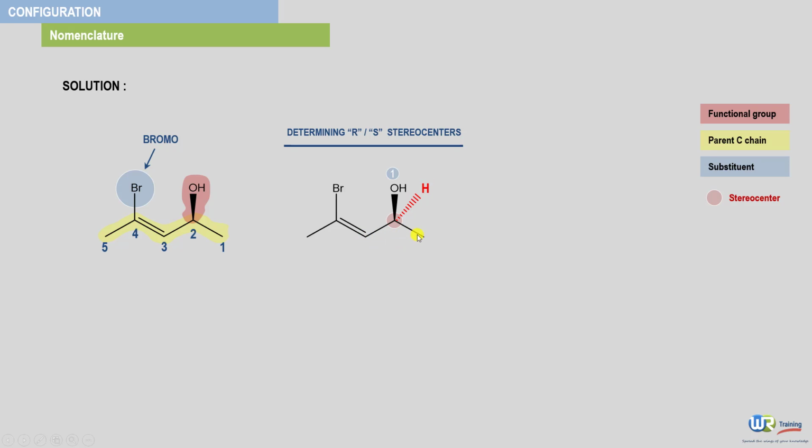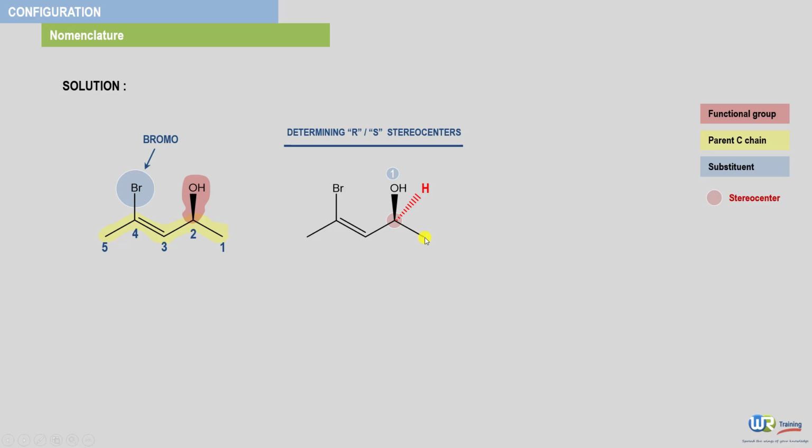And now we have 2 carbons, and we need to assign priority, so we need to go further and look at the atoms connected to these 2 carbons. For this case here, we have 2 carbons connected to this one because we have a double bond and a hydrogen atom. And in this case here, we have 3 hydrogens connected to this carbon.